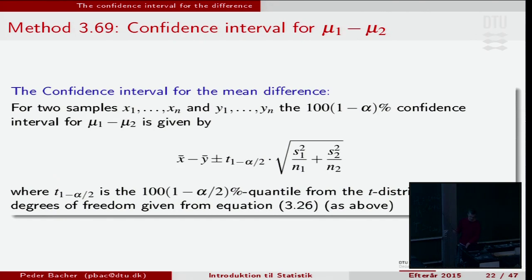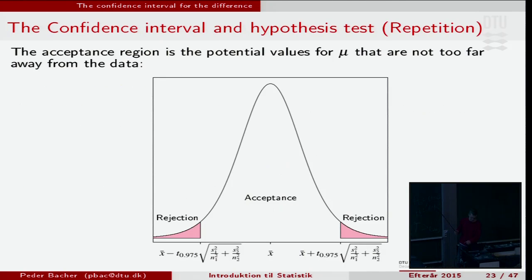That gives you your confidence interval like this, which should read x1 minus x2. I got these from Peder.